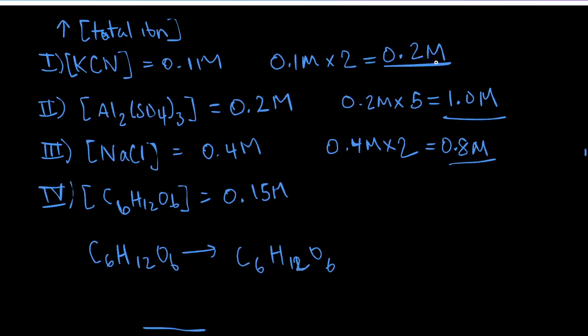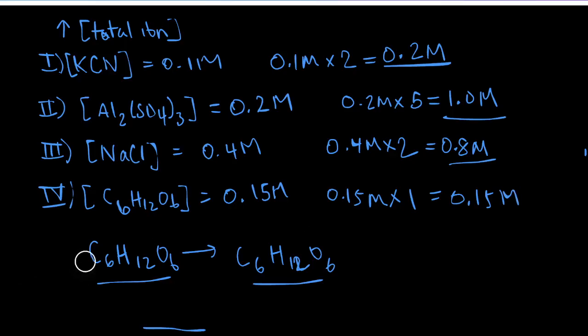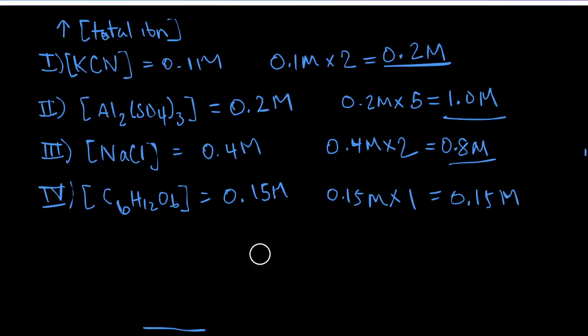So really, what we're going to have is just 0.15 times 1. For every 1 glucose, you're going to have that 1 glucose in solution still. So this is 0.15 molar. So again, be aware of your molecular compounds and your ionic compounds, know how to identify these, and you should be fine. Well, now obviously just comparing these 4 numbers, we can clearly see that 1 molar is the largest, and so our answer will be aluminum sulfate.